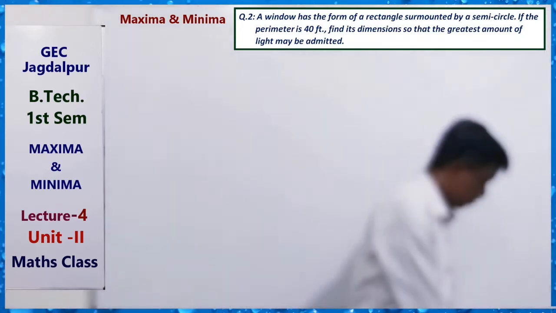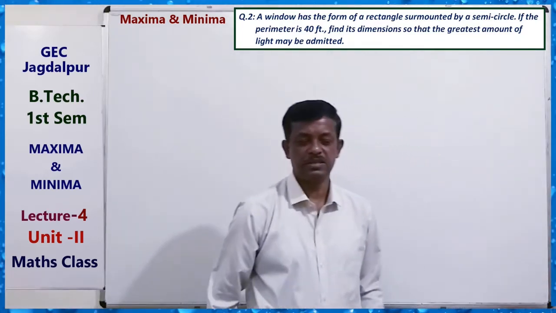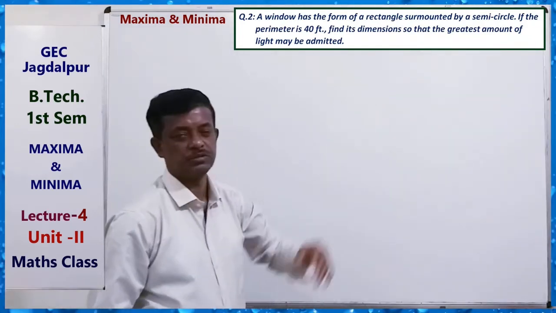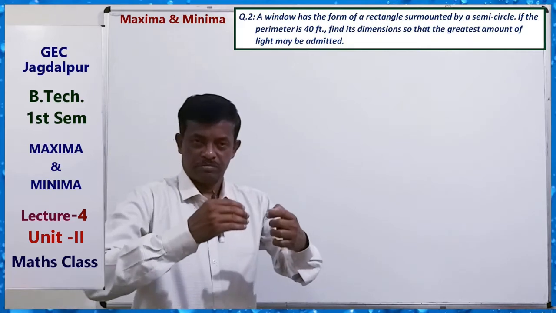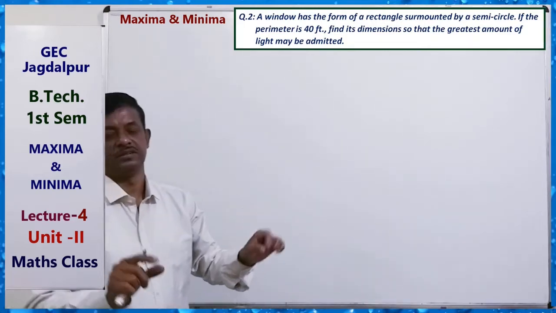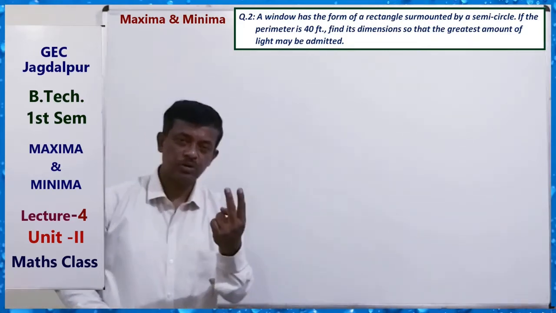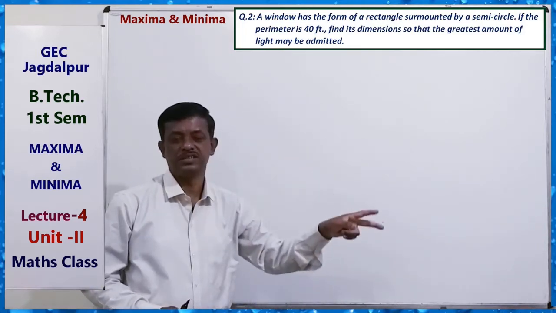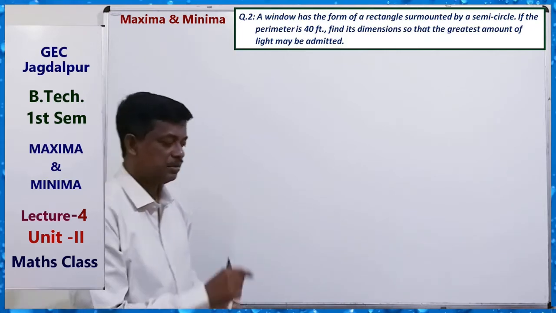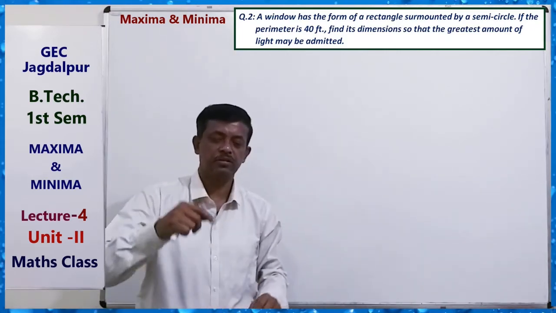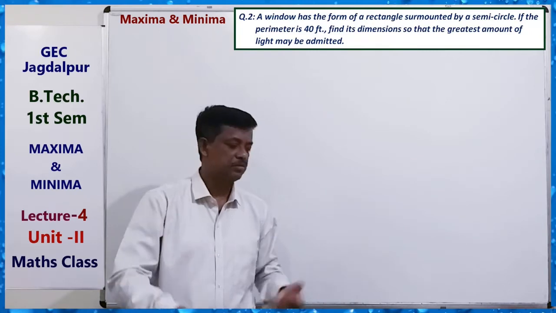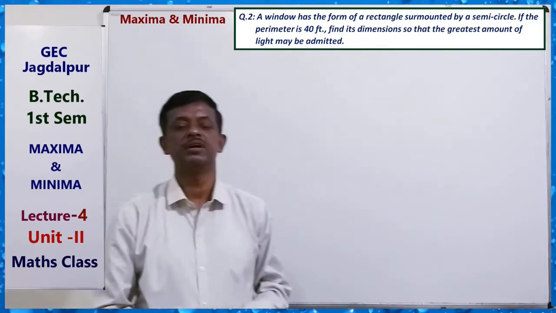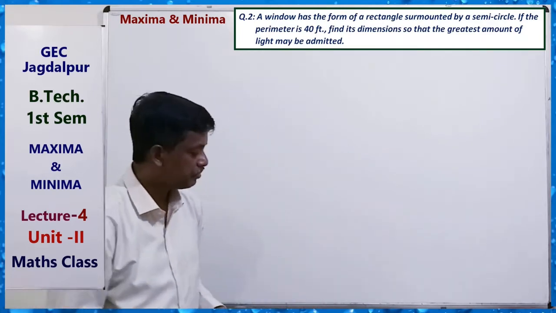So in this type of practical problem, some information is given in the question, and we have to establish a function that may contain two types of variable quantity, but by using some condition, write one variable in terms of another variable, then we can get a single variable function, and you can apply this maxima minima rule for finding the maximum.